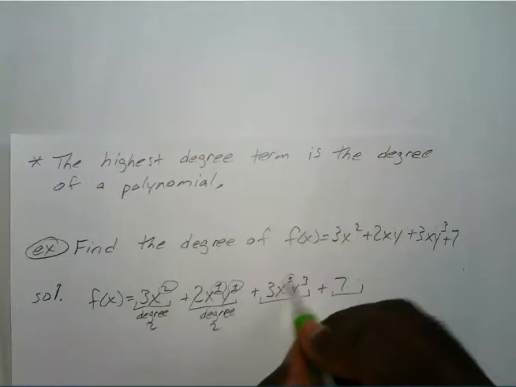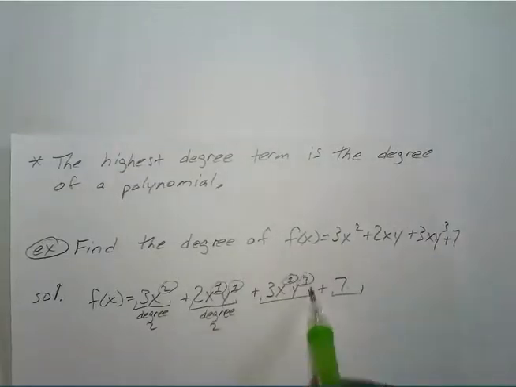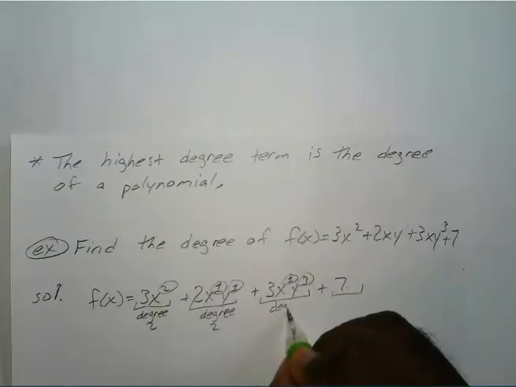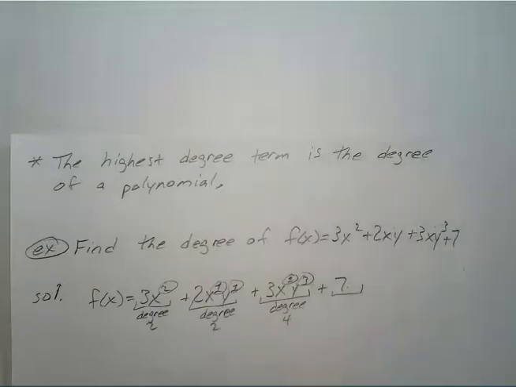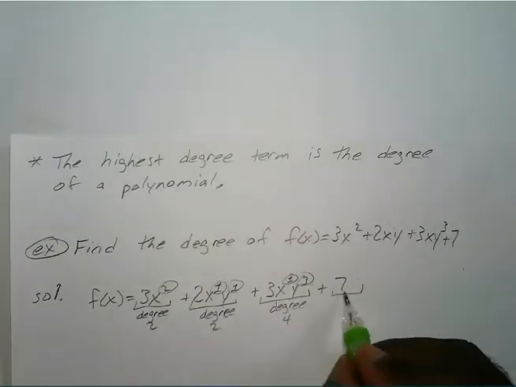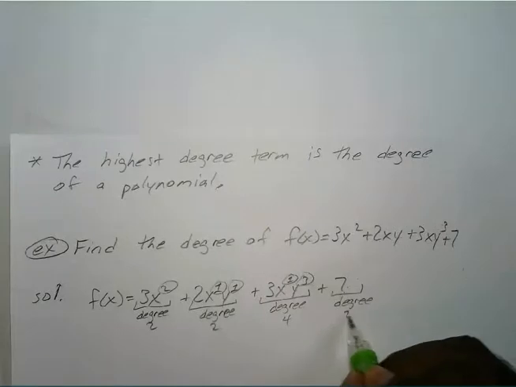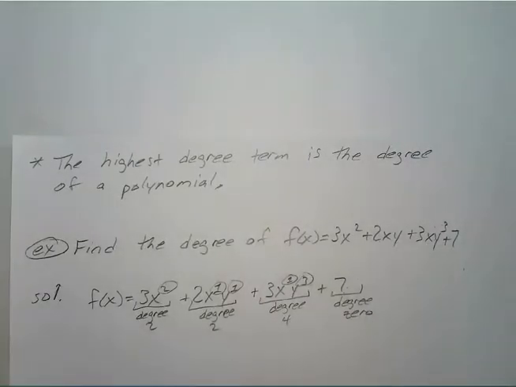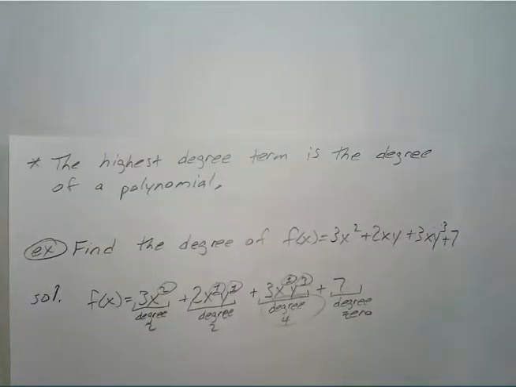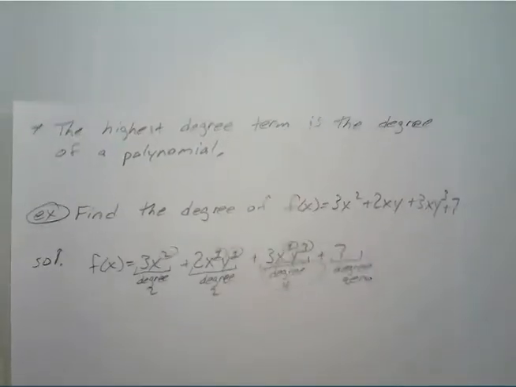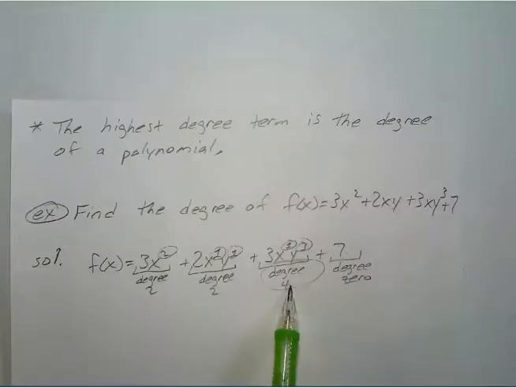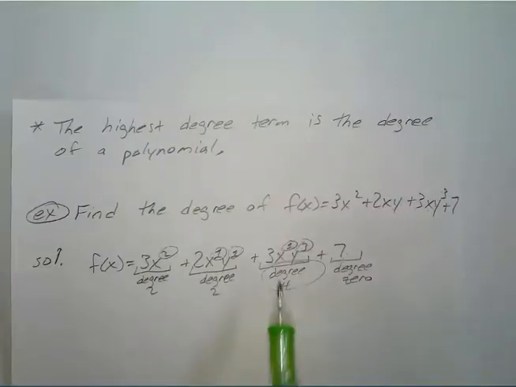If you add these two together, 1 plus 3, you see that this has a degree of 4. And any constant just has a degree of 0. So out of all of those terms, this is the largest degree, or the highest degree. Whatever your highest degree is, that's going to be the degree of the entire thing.